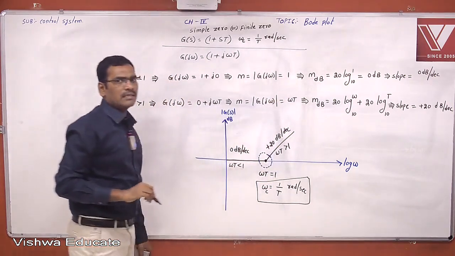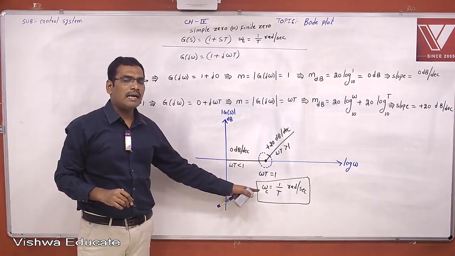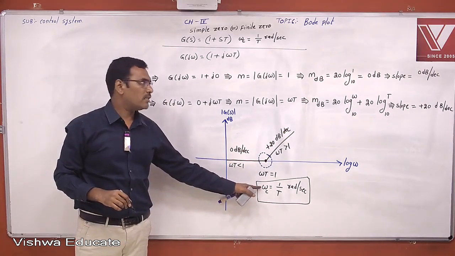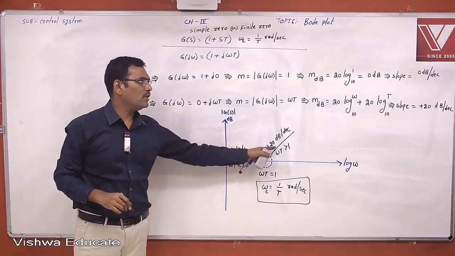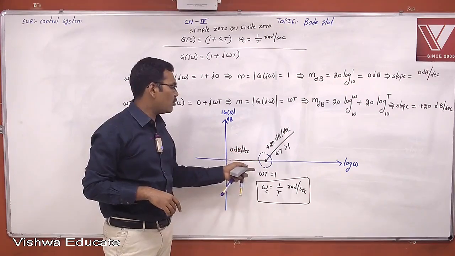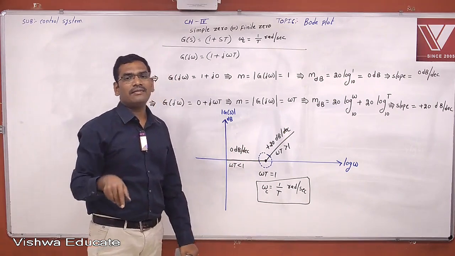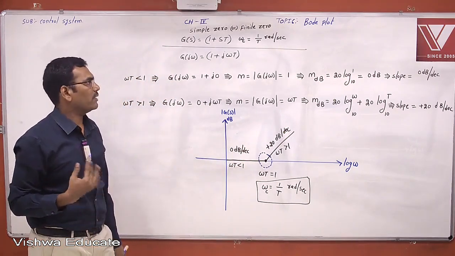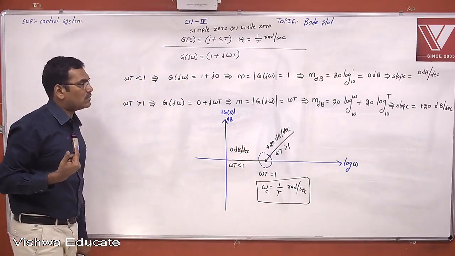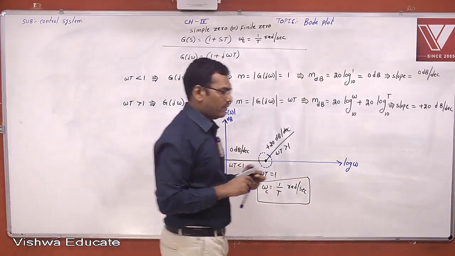Now, if this is a simple zero or a finite zero, there exists a corner frequency, where the slope changes from one level to another level. Now that particular transition frequency is called corner frequency. Now the slope and corner frequency. Note down this.